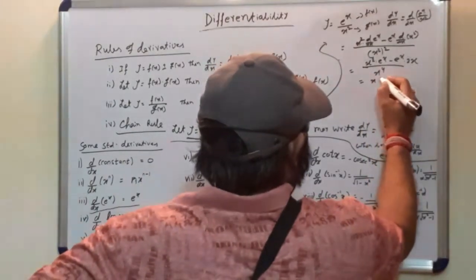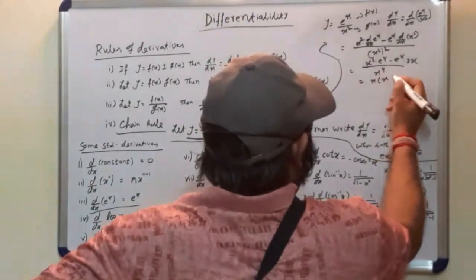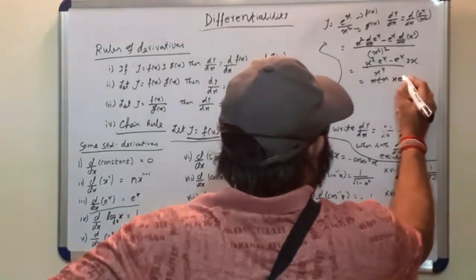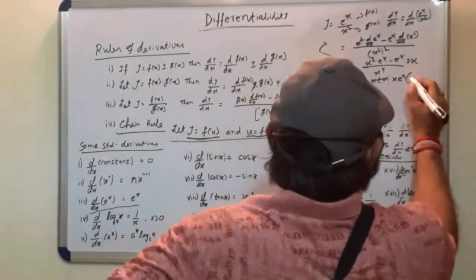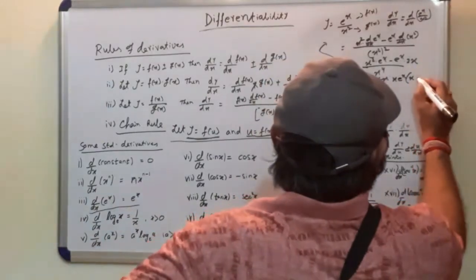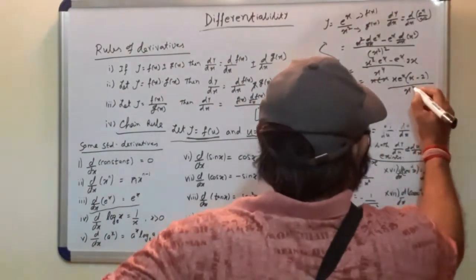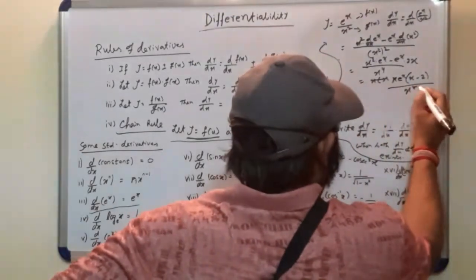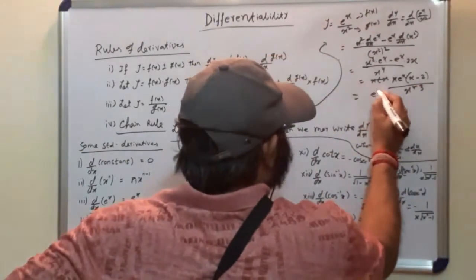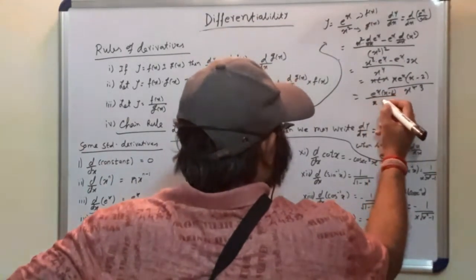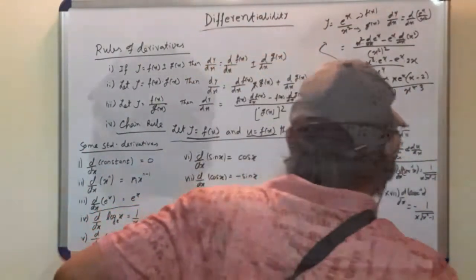Equal to x common, say x e^x we can take common, it means (x minus 2) divided by x⁴, it means e^x (x minus 2) by x². It is clear.